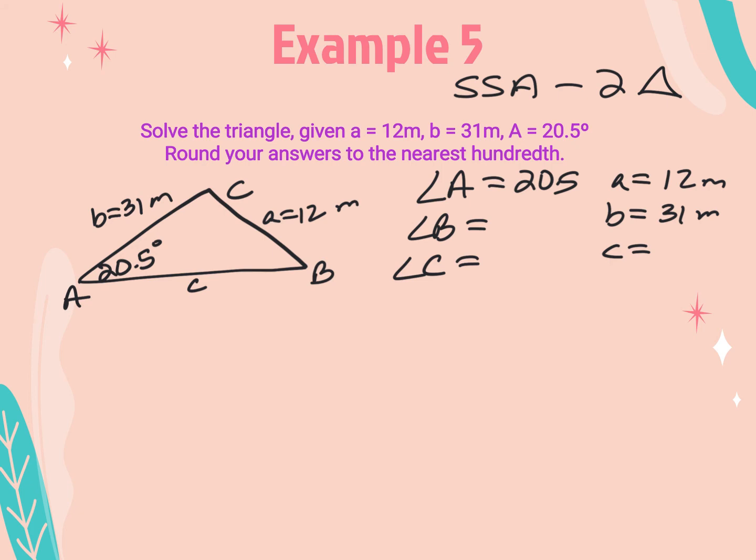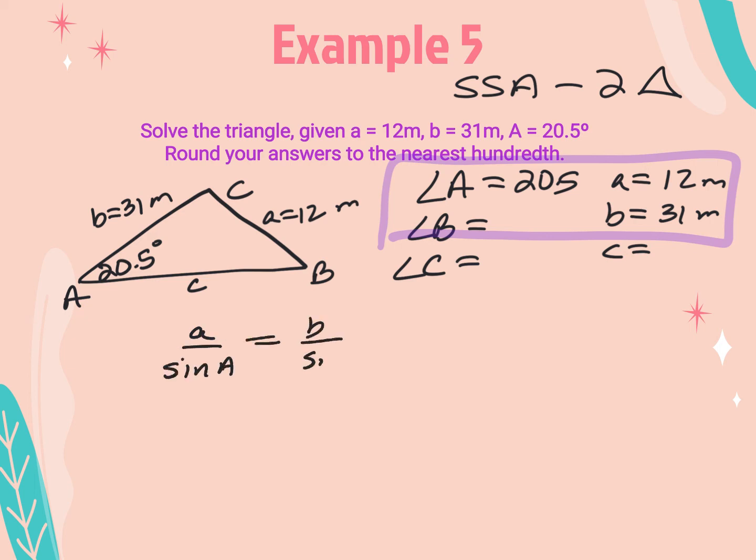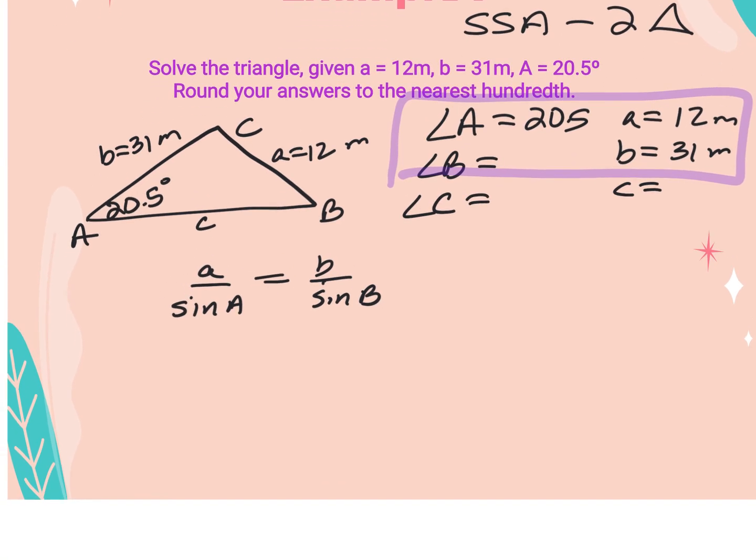So again, I'm going to go ahead and use in my proportion the variables that have the numbers next to them. So what I'm going to be doing first is a over the sine of A equals b over the sine of B. I'm looking for angle B first. So I'm going to fill in. I have 12 over the sine of 20.5 equals 31 over the sine of angle B. I'm going to cross multiply.